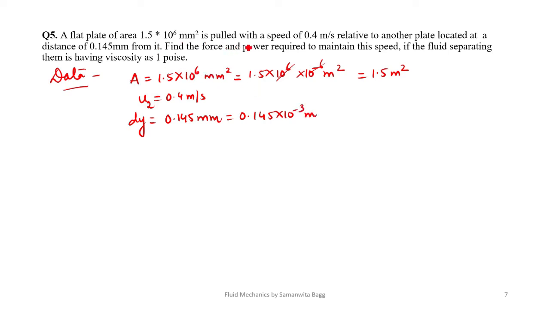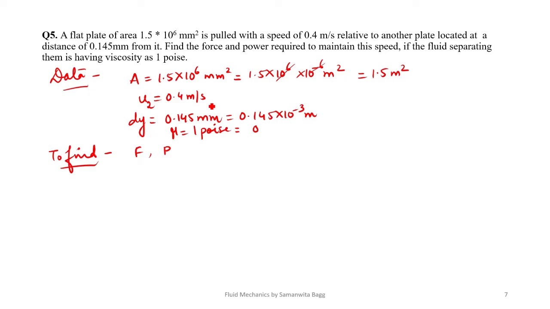Find the force F and power P required to maintain this speed, if the fluid separating them has viscosity of 1 poise. The value of mu is given as 1 poise.